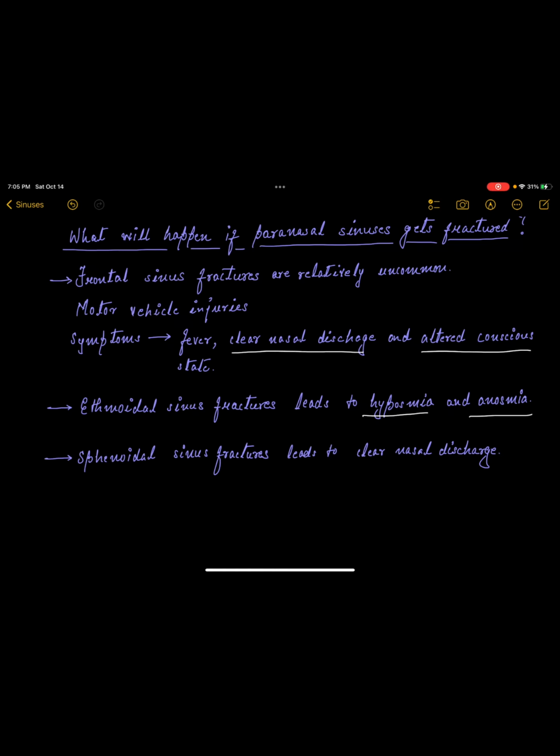So they block the passage of the nose, and that is why there are symptoms like hyposmia and anosmia and clear nasal discharge. In fracture of any of the sinuses, these symptoms are common. These symptoms will be commonly seen.